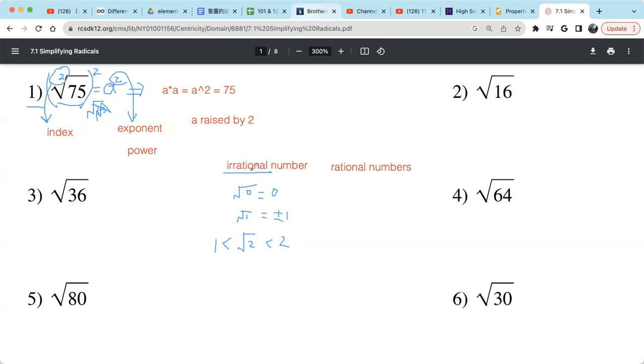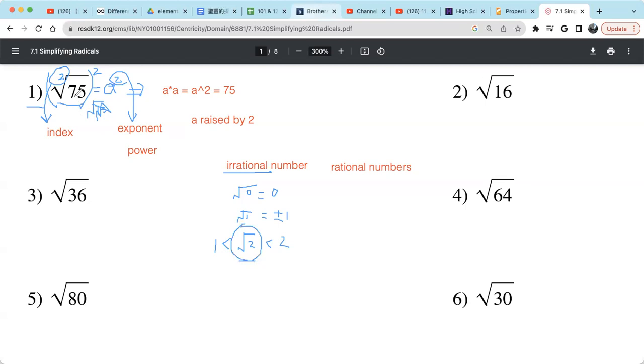These radical numbers belong to the irrational number family. There are other irrational numbers, famous ones like pi and Euler's number.